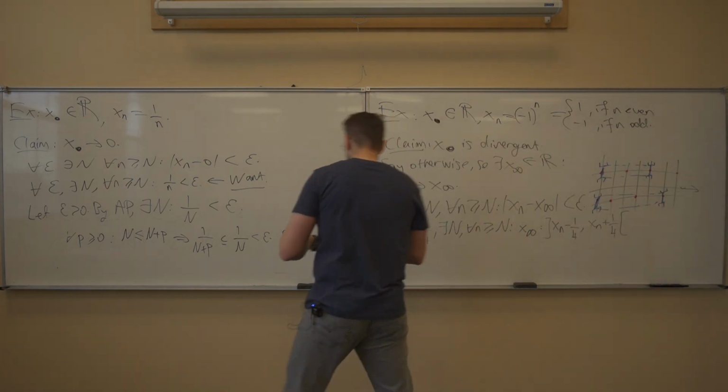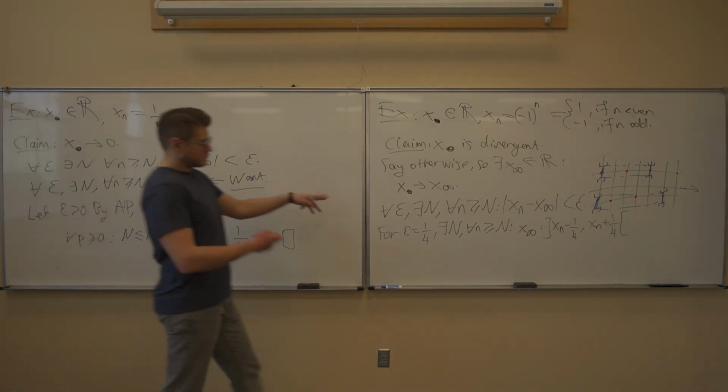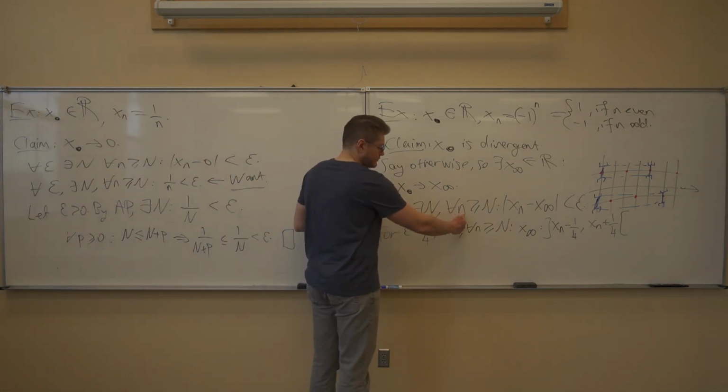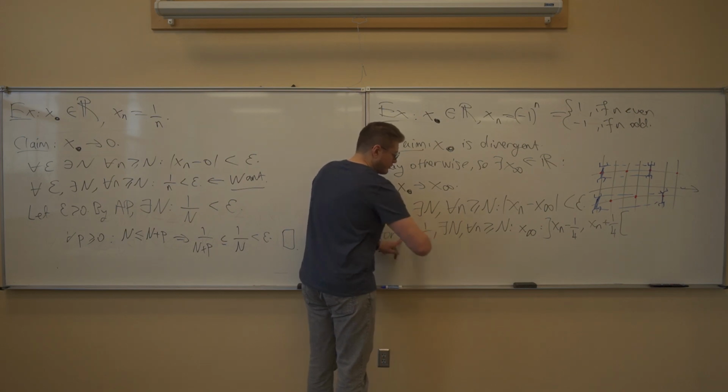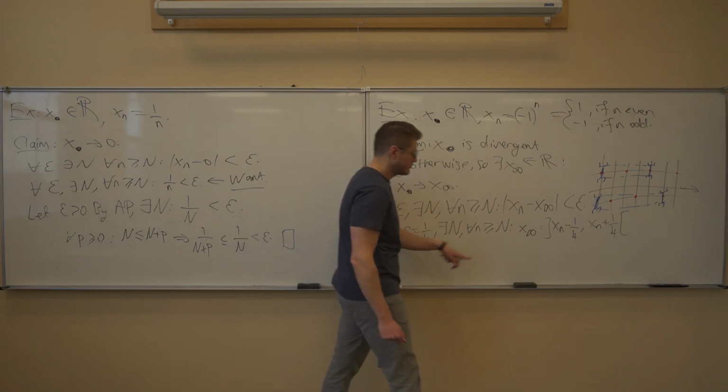So what you can do is this. Because you assume that this converges, and because you chose your epsilon to be 1 over 4, you know that there's an n. Take that capital N, okay?